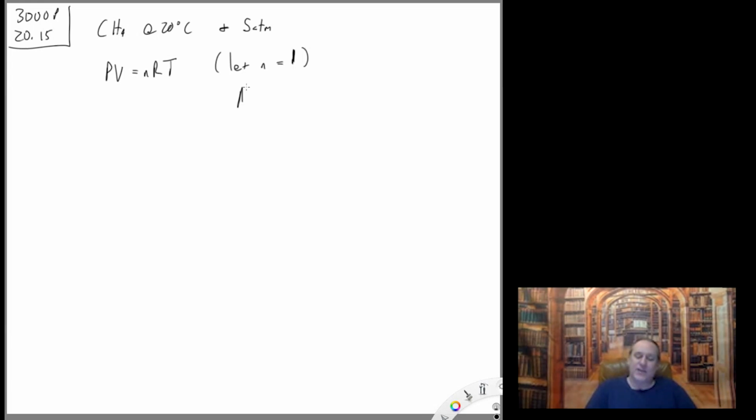The molar mass of carbon is 12 grams per mole, and for hydrogen, it's 1 gram per mole.